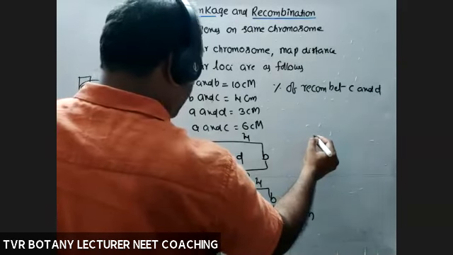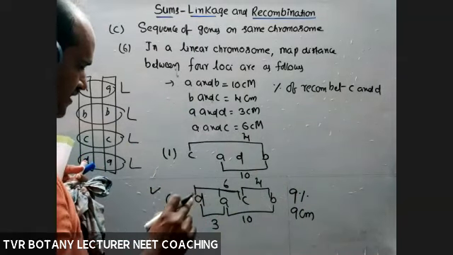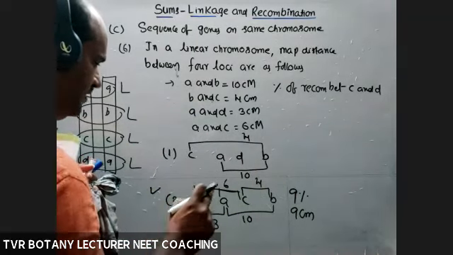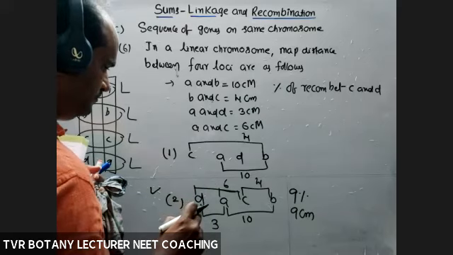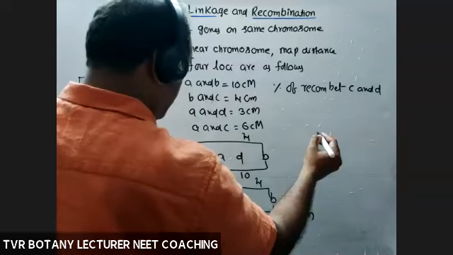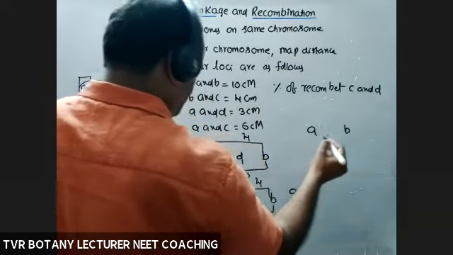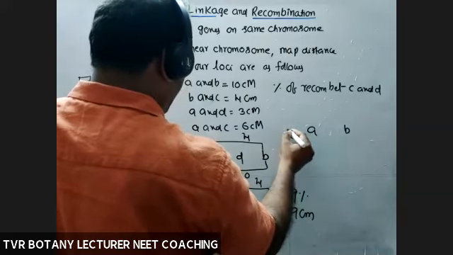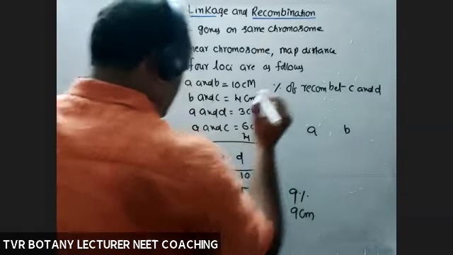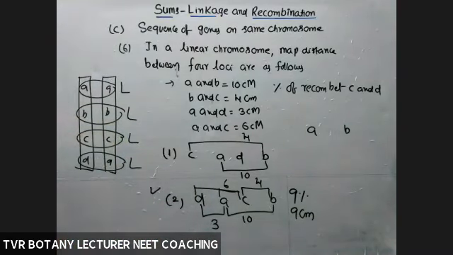Next, take one more combination. We have to get one more probability.